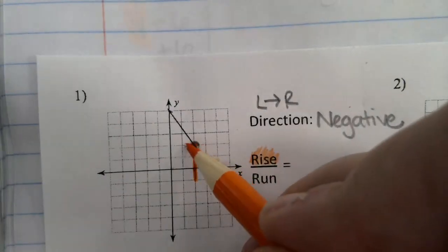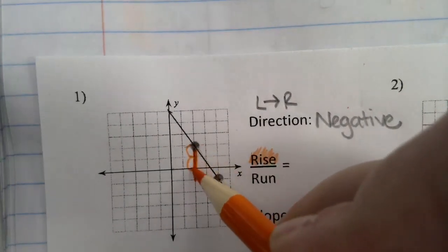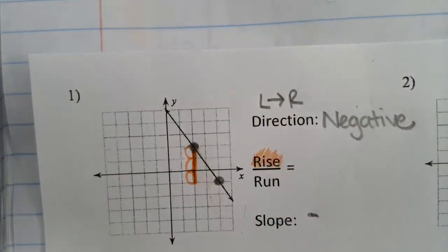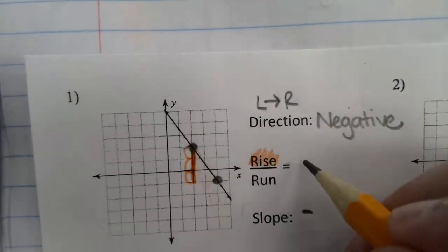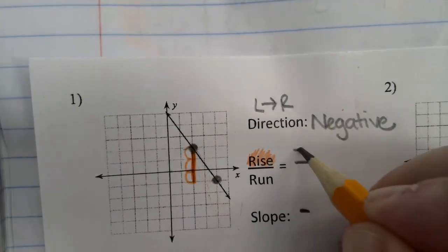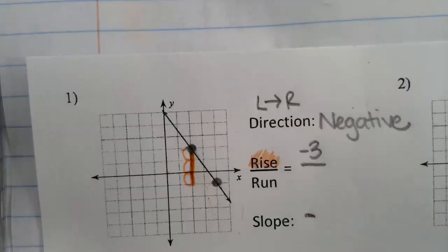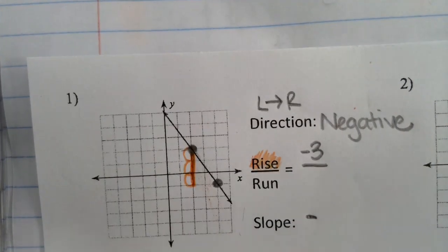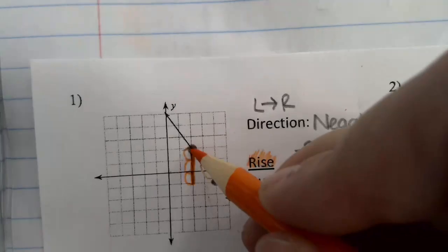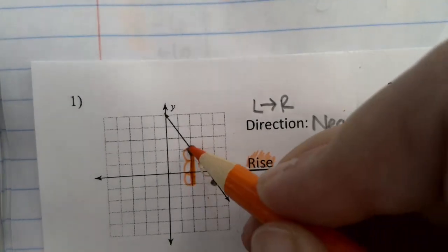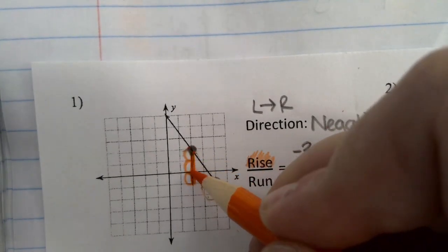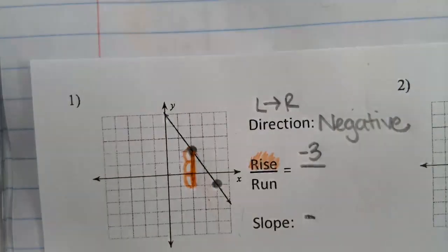How many jumps down did we have to go? 3. And since it was down, what type of number would that be? So -3. We're counting how many jumps down it is. 1, 2, 3.